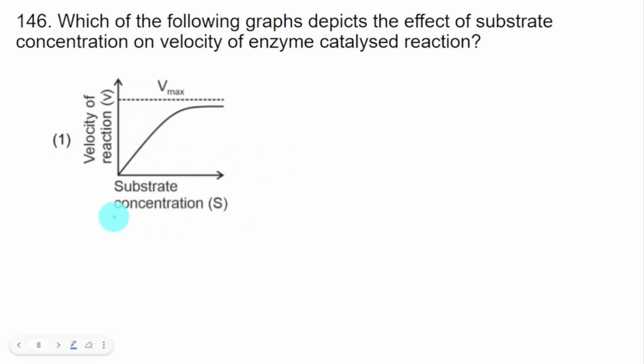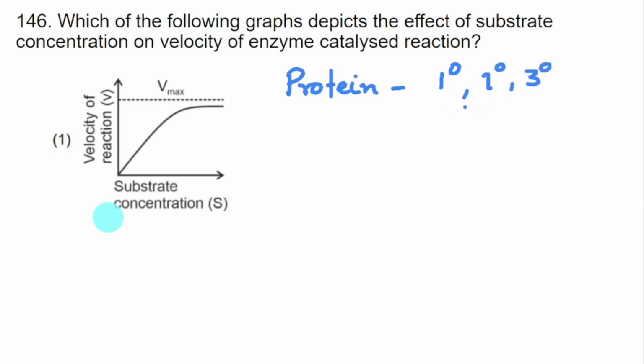So first things first, what is an enzyme? Enzyme is a protein molecule. Every protein has primary structure, then secondary structure, and tertiary structure. This tertiary structure is obtained by folds created in the primary structure.